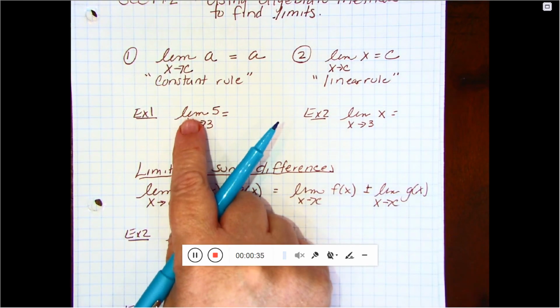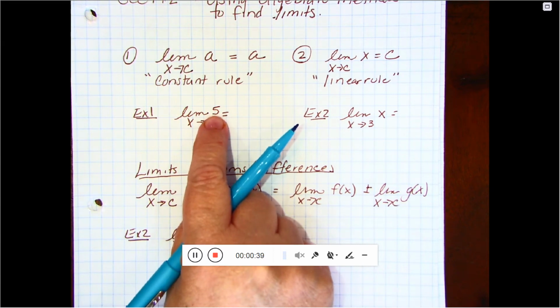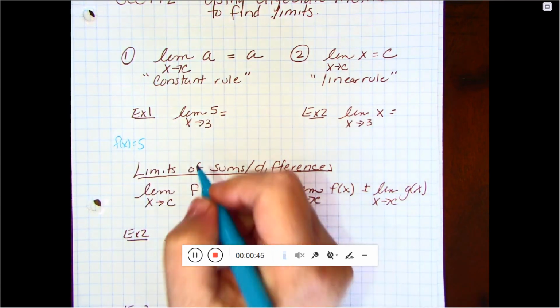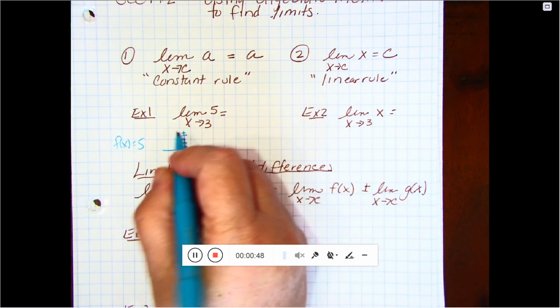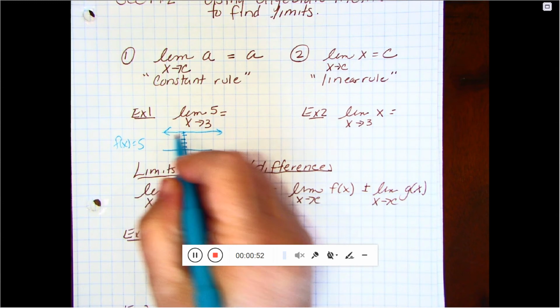So example 1, the limit as x approaches 3 of 5. Well, what does the graph of the function f of x equals 5 look like? It's simply a horizontal line through 5.